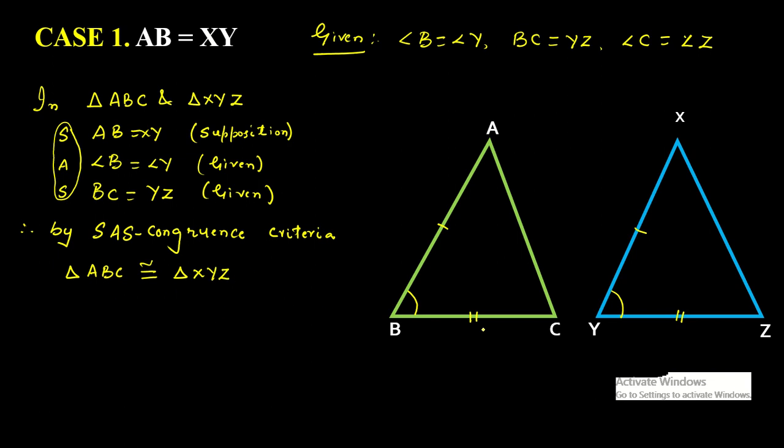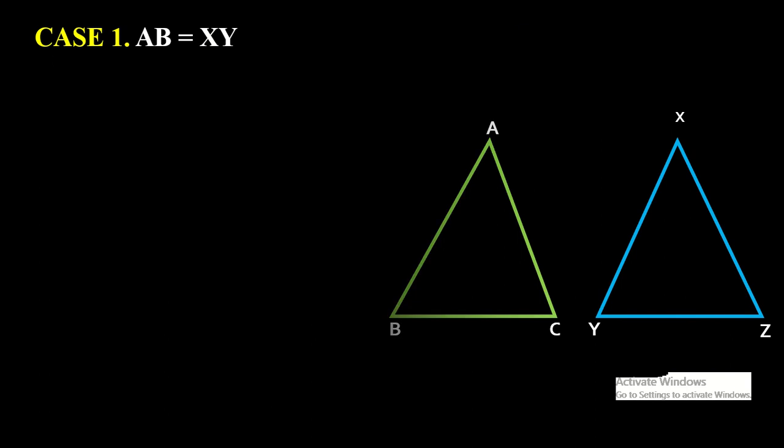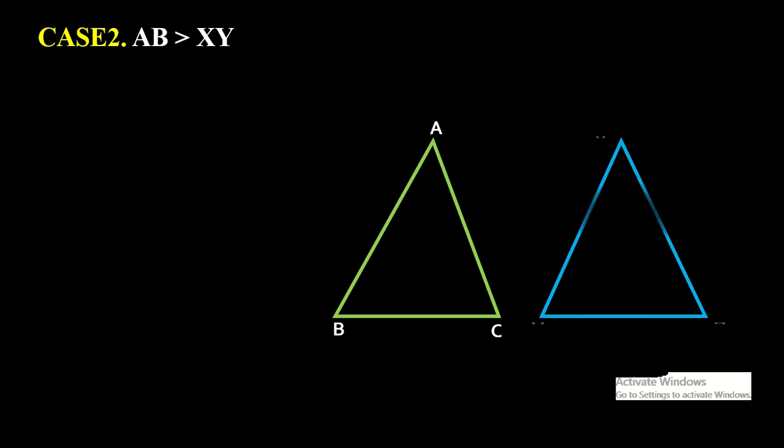If we check the corresponding parts of these two triangles and compare them with our given statements, we get angle B equal to angle Y, BC equal to YZ, and angle C equal to angle Z. That means there is no contradiction with our given statements. Now, let's take the second case, in which we suppose that AB is greater than XY.